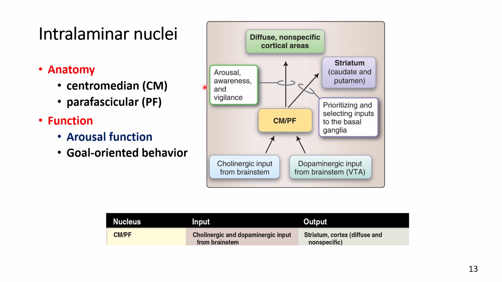Also, norepinephrine is important for wakefulness and focus. It goes to different parts of the brain. The areas that are really important for wakefulness and arousal are the frontal cortex and also parietal cortex.